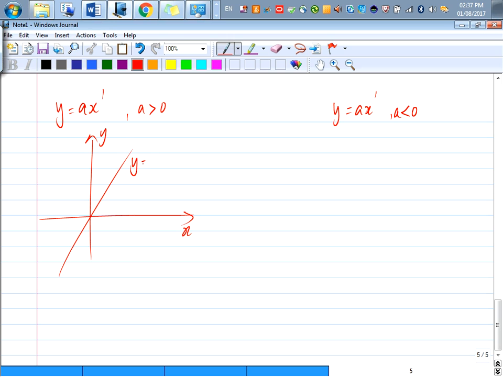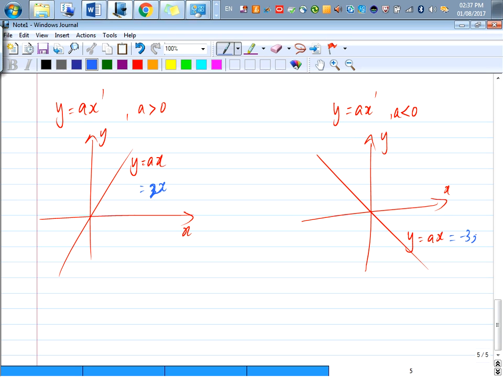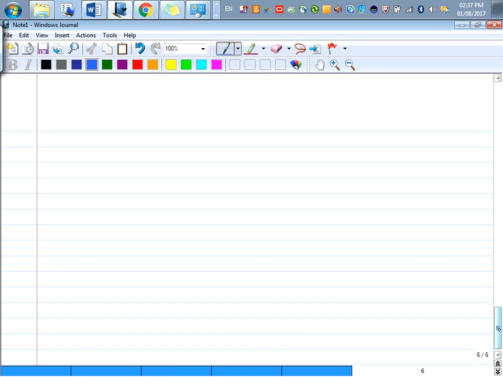Okay, so this is y equals ax. And over here, because a is smaller than 0, I'm getting a gradient sloping downwards. It's y equals ax again. So for example, this could have been y equals 2x, for example. Over here, this could have been y equals negative 3x. So it slopes downwards. Okay, you're very familiar with these two.